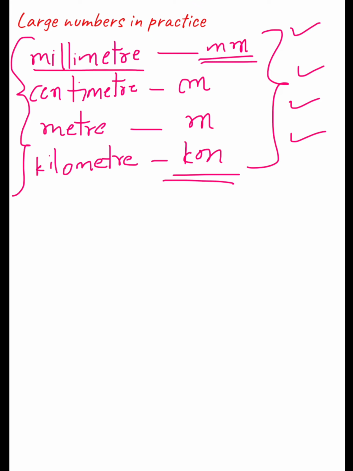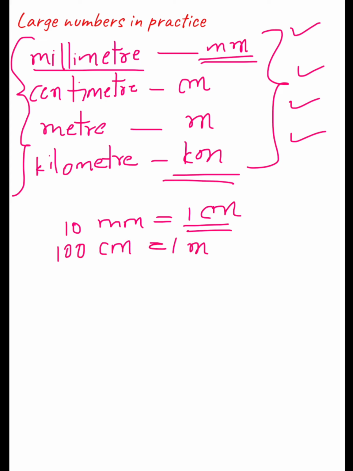Millimeter. When you take 10 millimeter, then you will get what? 1 centimeter. 10 millimeter equal to 1 centimeter. Now, how many centimeter will make 1 meter? When you take 100 centimeter, then you will get 1 meter.